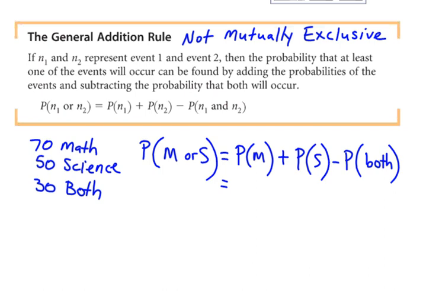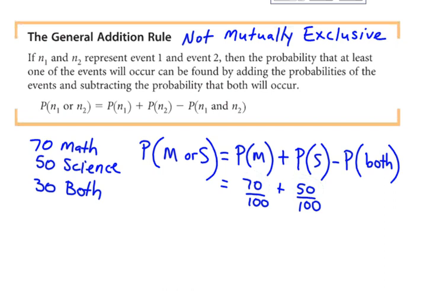The probability that a student took math, we said, was 70 out of 100. The probability that a student took science, we said, was 50 out of 100. Now, the problem with just adding those two probabilities together is that we are counting the 30 students that took both math and science twice. Those 30 students are counted in this 70 and this 50. And we don't want to count them twice. We only want to count them once.